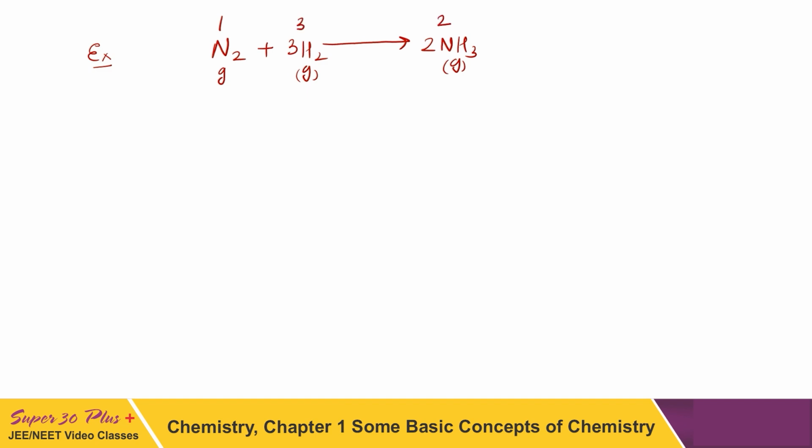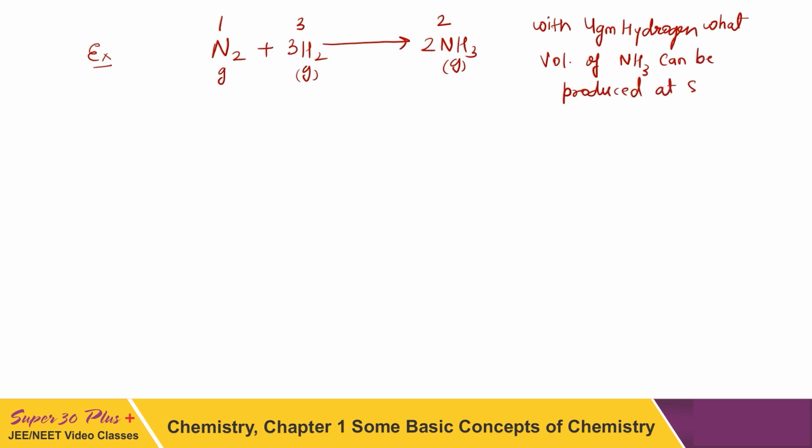Now if I ask, with 4 gram hydrogen, what volume of NH3 ammonia can be produced at STP? Now you see, the mass of one reactant is given and the volume of ammonia is being asked. So what is given is the mass and what is asked is the volume.